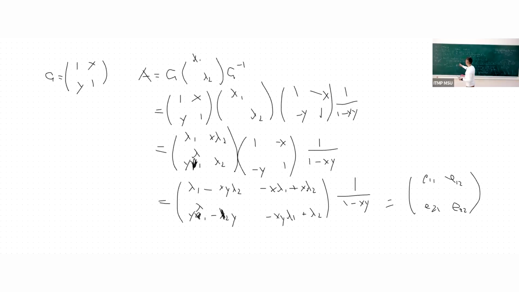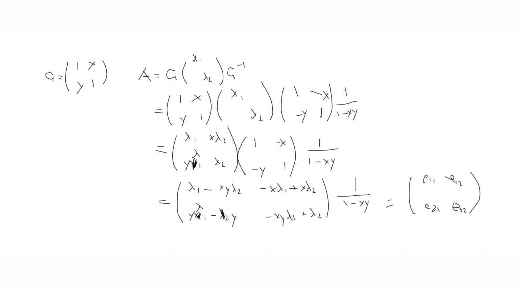You know the Poisson brackets between Eij. Now you have to calculate the Poisson bracket between x and y. What is the Poisson bracket on the coordinates x and y?